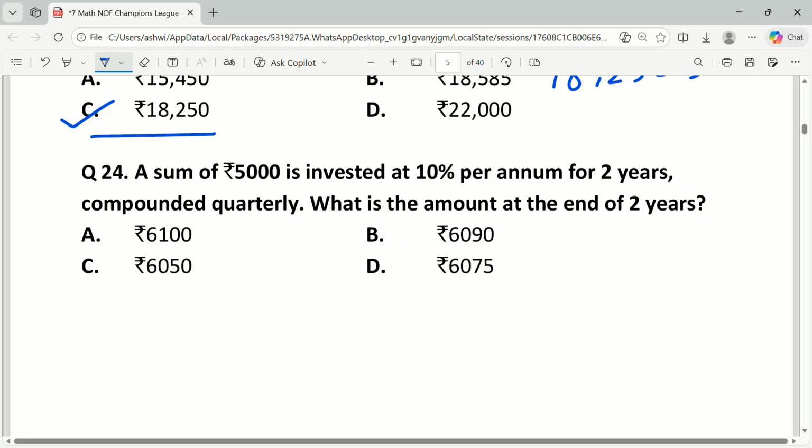Now the calculated amount is approximately rupees 6092.01, which is closest to the option B. So the answer is B.